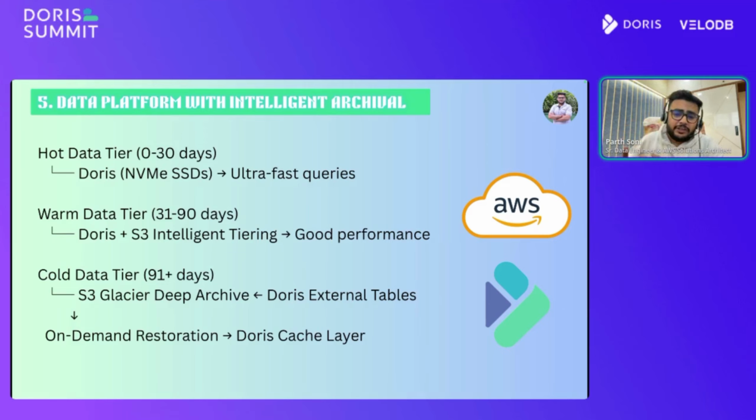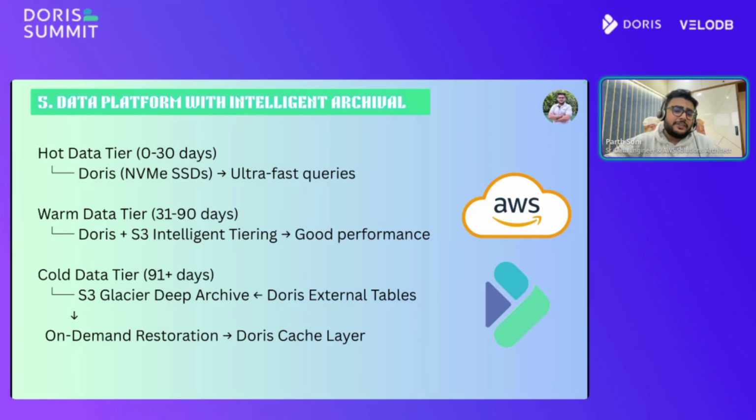Now, 6 months later, you have hundreds of TBs of data. Nobody has required 90% of it in months, but you are still paying hot tier prices for all of it, right? This is the data hoarding problem. We keep everything in expensive storage just in case someone needs it. Most of the time, they don't.